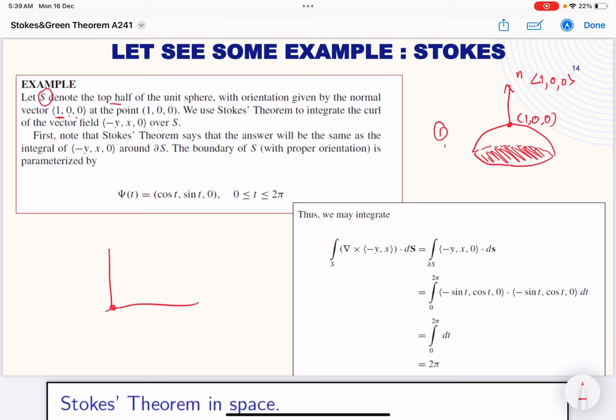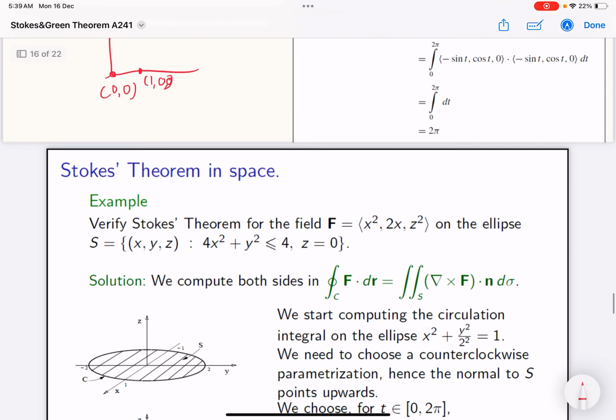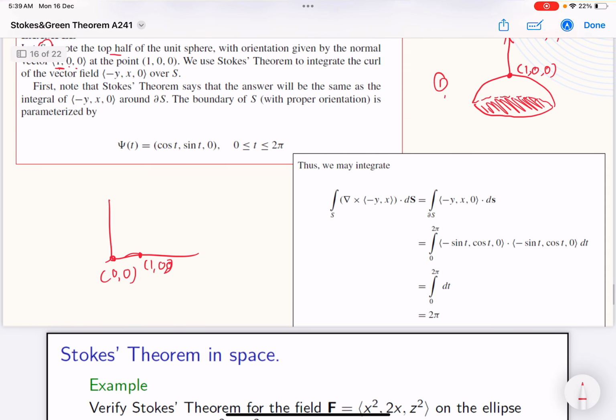So if we have point 0 0 here, to make it easy to understand, your point 1 0 should be here, and z here as well. So it is in 3D. So we start something like this in 3D, so the structure will be like that.